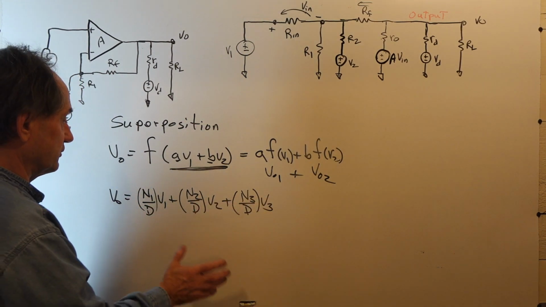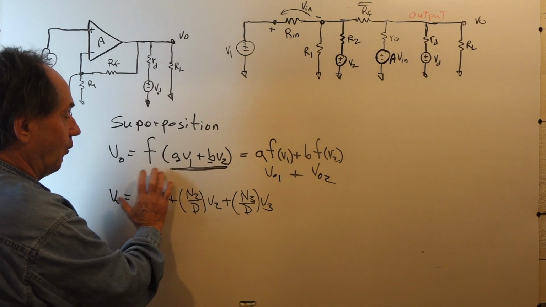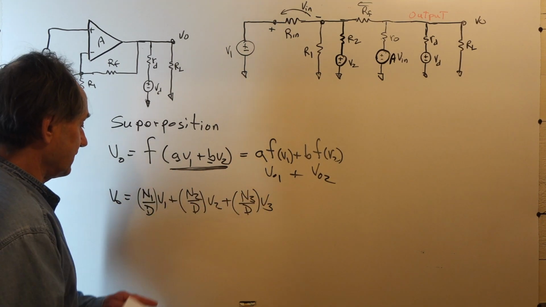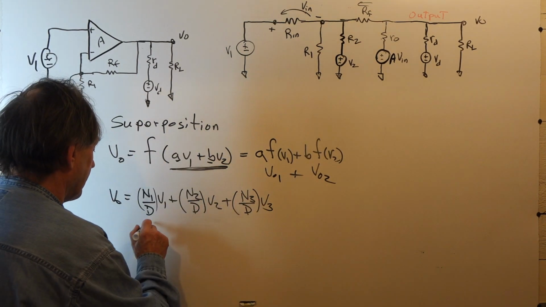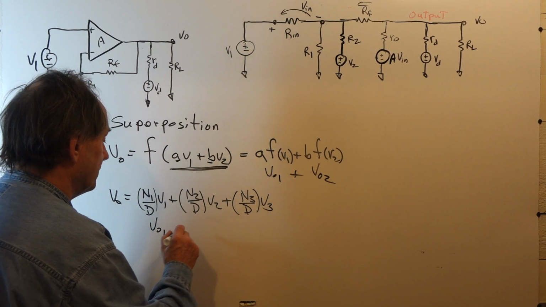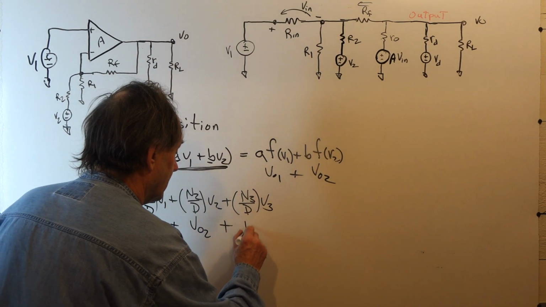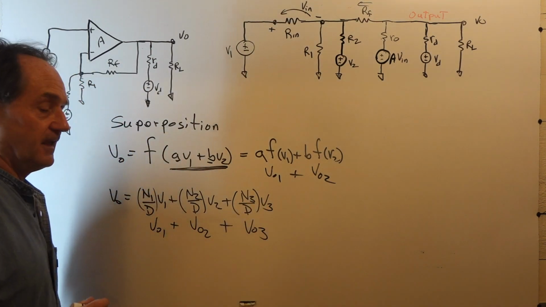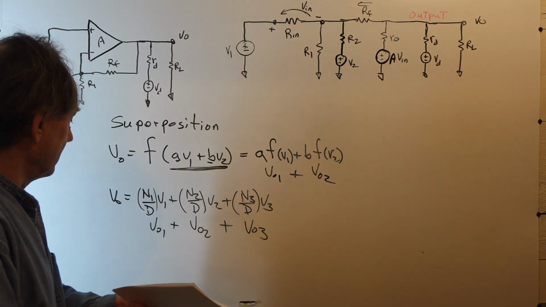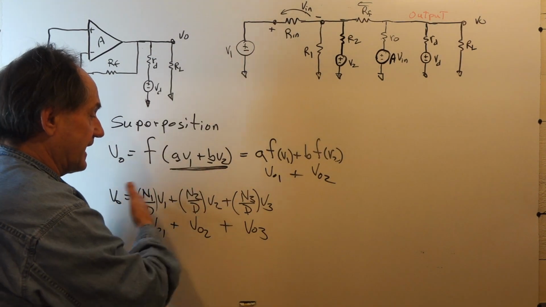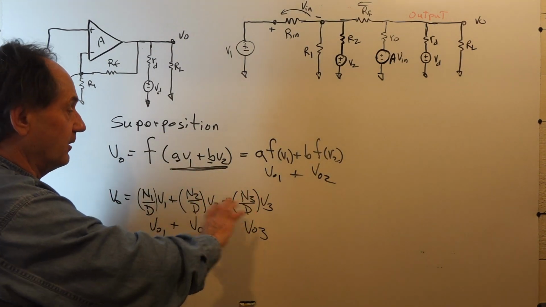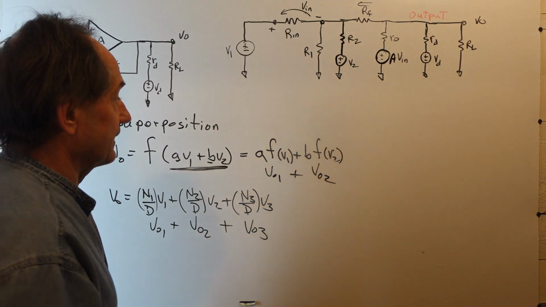So to get the output due to all sources activated simultaneously, like when I solved the network to begin with, we end up with this expression. But I can also just activate the sources one at a time, get the contribution to the output of each of the individual sources acting alone, and then add them to get the output when all sources are activated.